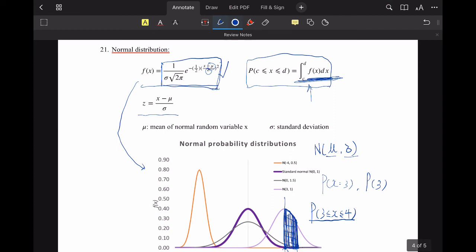Then we need to make a standard version of normal distribution. A standard version means that no matter what mean and standard deviation you got, you can transform your distribution into the standard version of distribution.